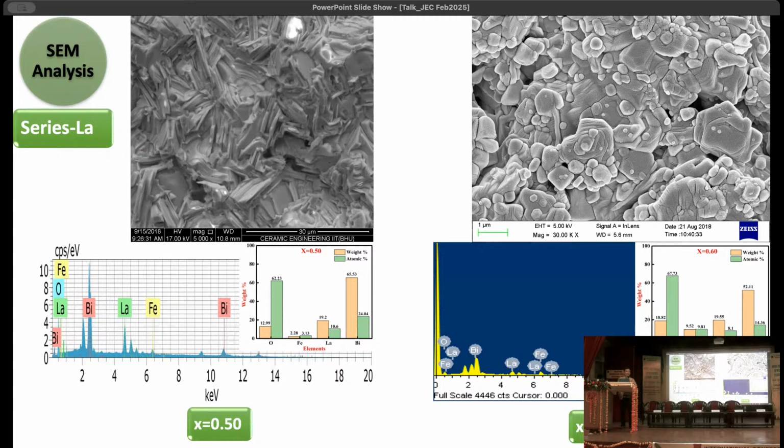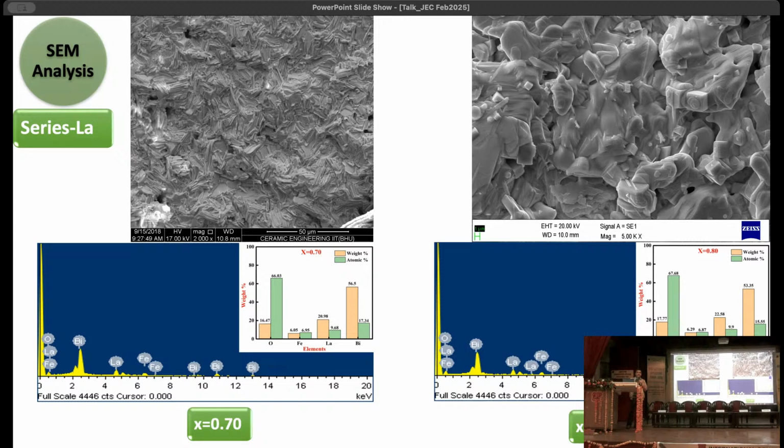There is no external impurity here. If there is any impurity, then that will also come in the picture. So this EDX confirms that there is no foreign element present in this diagram, and we get the surface morphology of the sample we have prepared after the doping of lanthanum, neodymium and others. So this was done through the FESEM analysis.